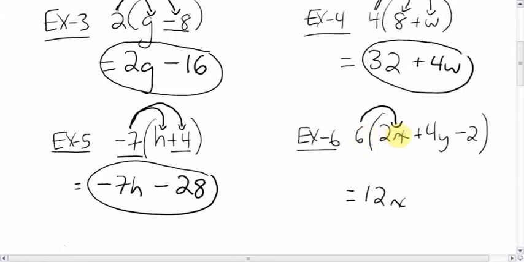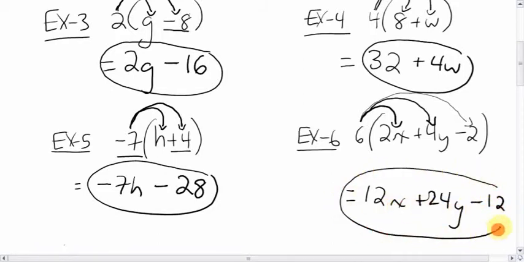The 6 then multiplies the next thing, the 4y. 6 times 4 is 24, positive 24y. And here, 6 times negative 2, signs are different, negative 12. Okay, so the x's and y's are different, you cannot simplify them, so that's your final answer.